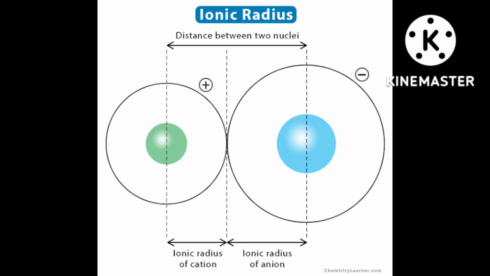Here I am talking about the electron gain enthalpy of oxygen or fluorine, which is less negative than that of the succeeding elements, like groups 13, 14, 15.